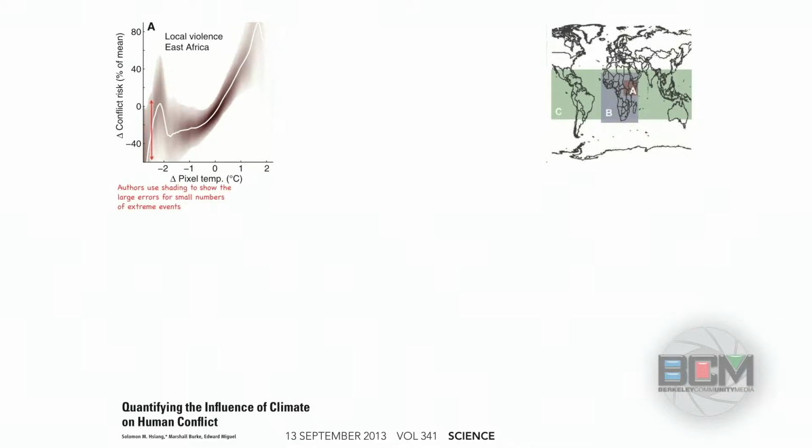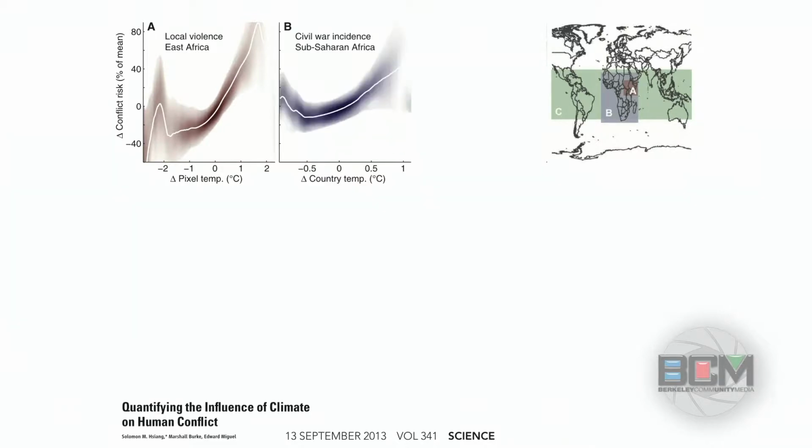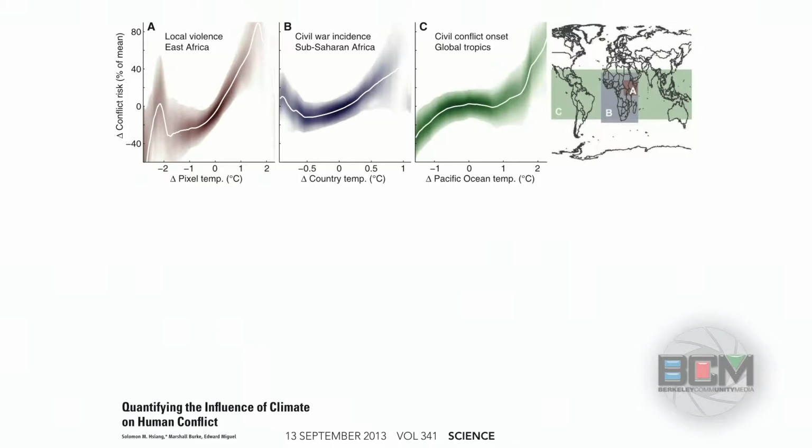Now, there's some large shading here, and the authors are trying to say that's sort of the error bars, because 3 sigma events, or temperature changes that are positive or negative 2 or 3 degrees, are rare. Nevertheless, the trend is pretty obvious, isn't it? A 50% increase in local violence with a temperature rise of about 1 degree. Notice this scale is different. Here's Civil War incidents in sub-Saharan Africa. Here's civil conflict onset in the whole global tropics.